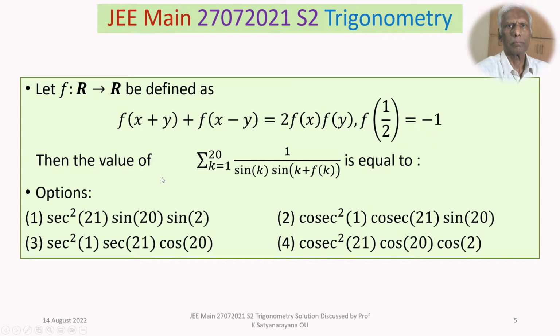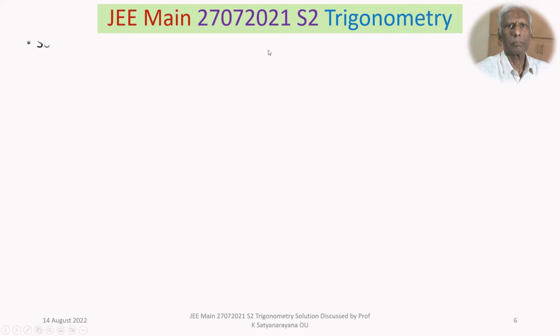Then we have to find the value of the finite series, sigma k is equal to 1 to 20, 1 by sin k into sin of k plus f of k. These 2 terms are there in the denominator, and this finite series sum is equal to. These are the 4 options given to us. We now discuss the solution of the problem in detail.